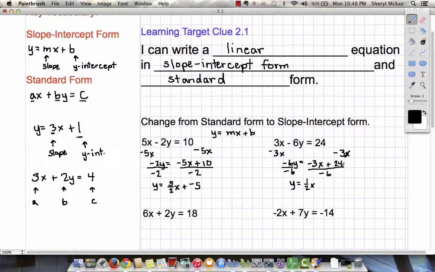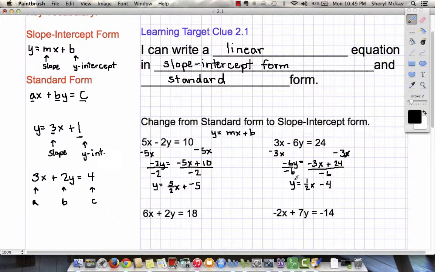And then I have 24 divided by negative 6 is a negative 4. So once again, I have just converted my standard form, 3x minus 6y equals 24, into slope-intercept form by simply moving things around and isolating my y and putting things in y equals mx plus b format.